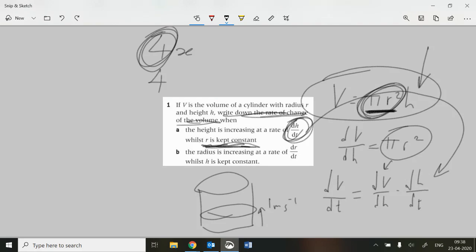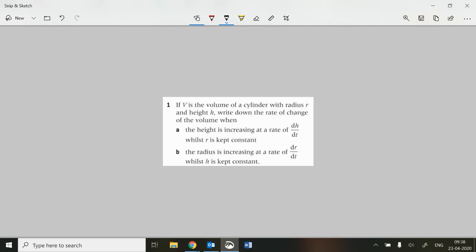Okay, similarly for this one, let's just clear everything there. Similarly for part B here, we've still got the same formula, pi r squared h. But where h is a constant, that means to say, really, we've got pi h r squared, and this thing here is constant.